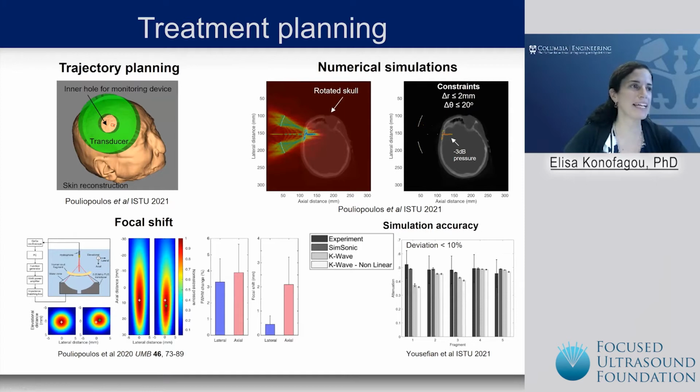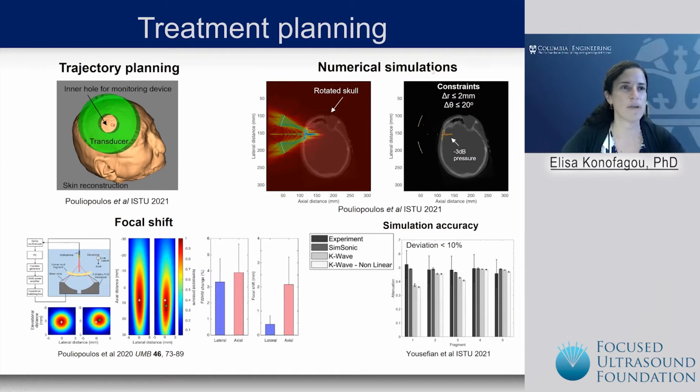As for the treatment planning, what we have here on the top left is actually how we register the infrared camera with the actual facial characteristics of the patient. There are 3D renders from MRI. And the transducer here, you can see that has this shape that has a ring that has a void in the middle. That's where the PCD detector goes.